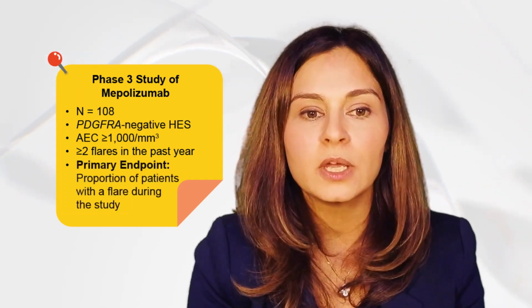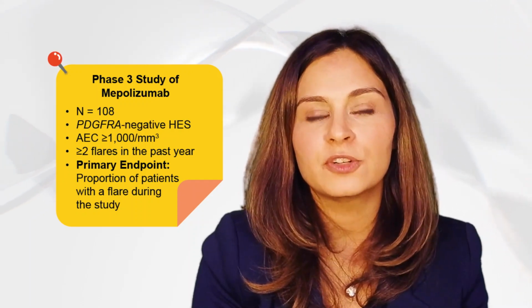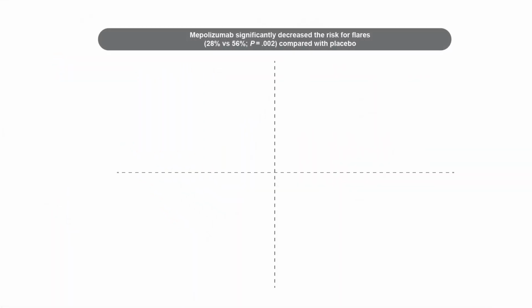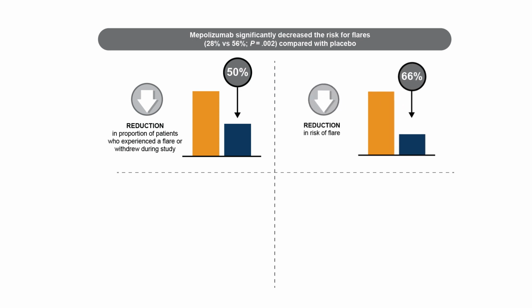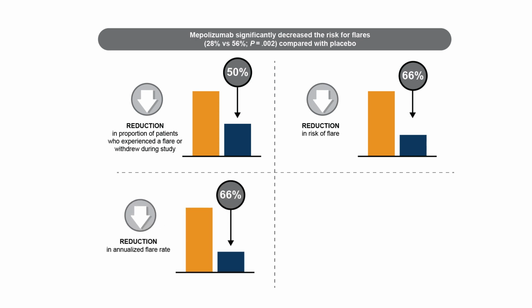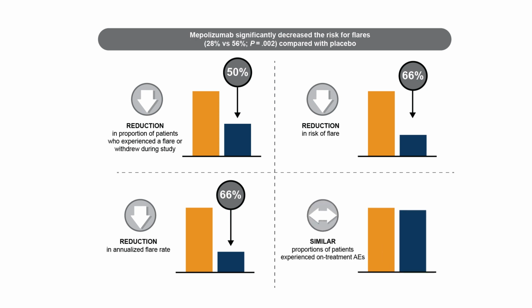The primary endpoint was the proportion of patients with a flare during the study. Those patients receiving Mepolizumab had a significantly decreased risk for flares, 56% reduced, compared to those who had received placebo. There was a 50% reduction in the proportion of participants who experienced a flare or withdrew from the study. 66% had a reduction in the risk of a flare, and there was a 66% reduction in the annualized flare rate compared to prior to the study.